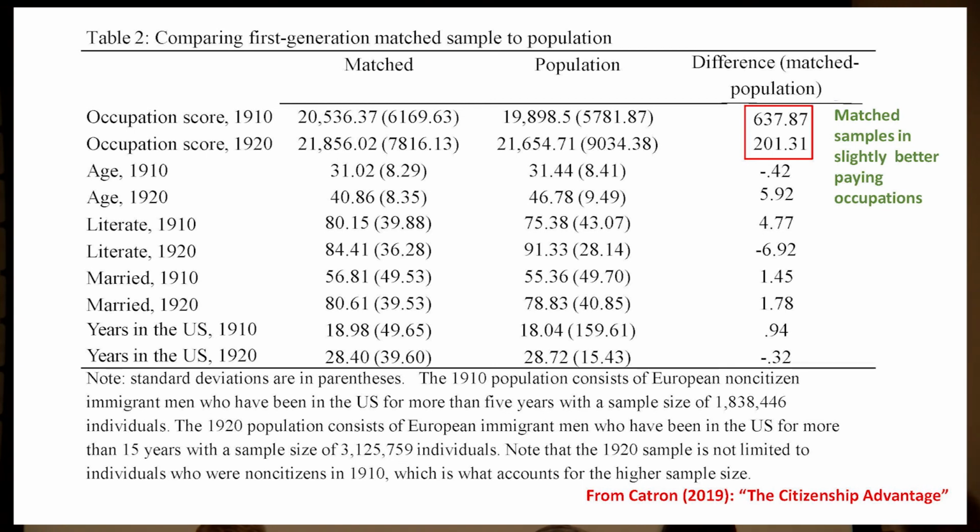Right? But we see that the match population is concentrated in occupations that pay more than the target population of the 1910 census, right, by about $637 in 2010 dollars. You can convert these into 2010 dollars, right?